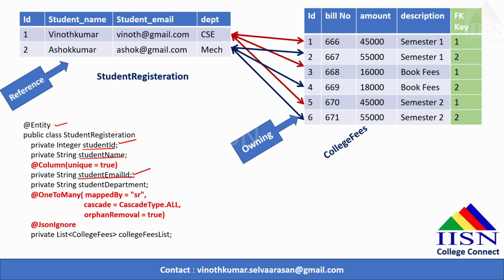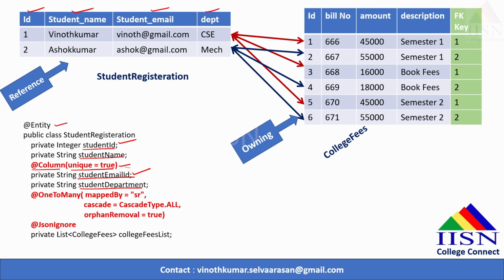To make this field hold only unique values, I'm going to use the annotation @Column with unique equal to true. If you give it like this, this field will not accept duplicate values. Another field is student department. So in this entity we have four fields: one is the ID, another is the student name, another is the student email, and another is the department.